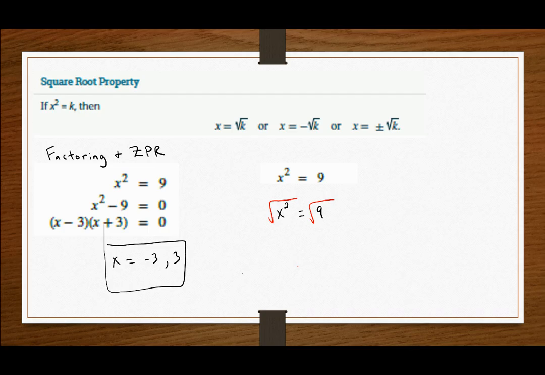The square root of x squared, again, can be answered using the definition of the root. What raised to the second power gives me x squared? When we simplify in each case, we get x, and on the right-hand side, we actually have our solution plus or minus 9. It becomes important when we start using the square root property to consider that we do actually have to impose this plus or minus symbol.